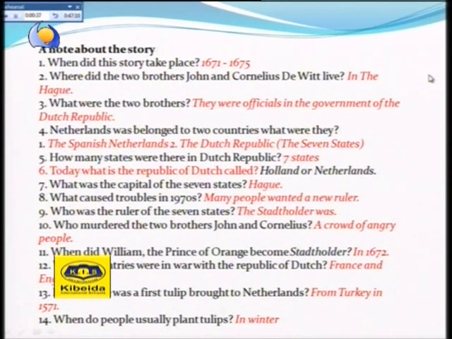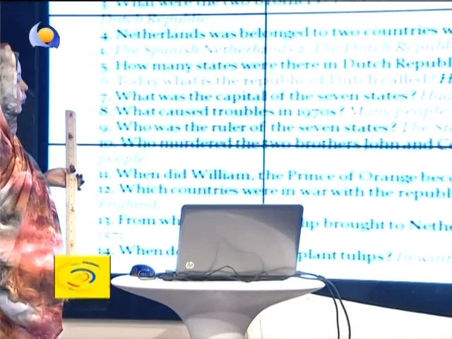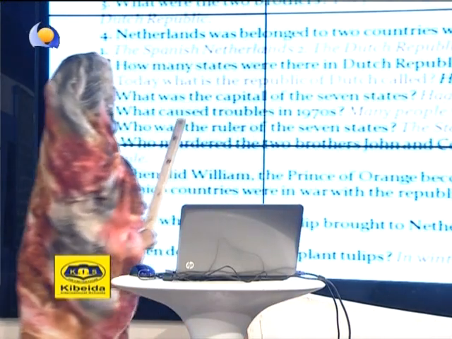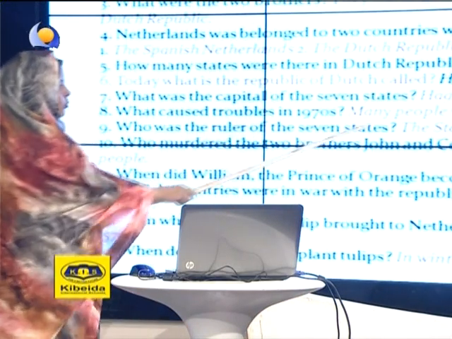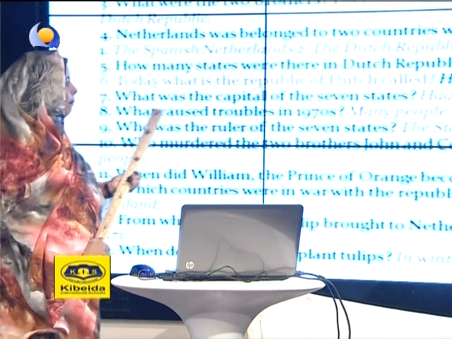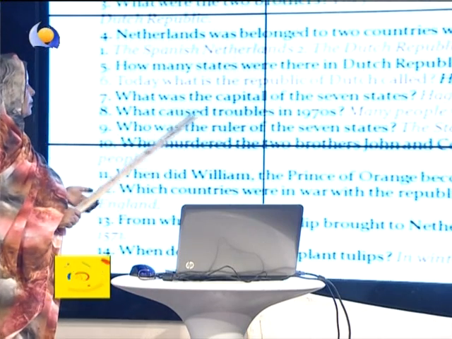Netherlands belonged to two countries. What were they? It belonged to the Spanish Netherlands and the Dutch Republic, or the Republic of the Seven States. Now we have here, there were 7 states in that republic, and today we call it Holland or Netherlands. The capital of the 7 states was The Hague, and there were a lot of problems, and there was a war.